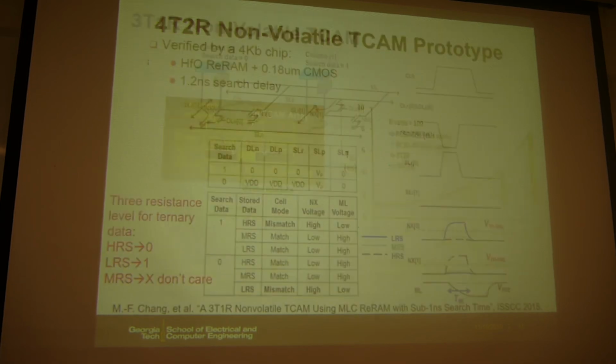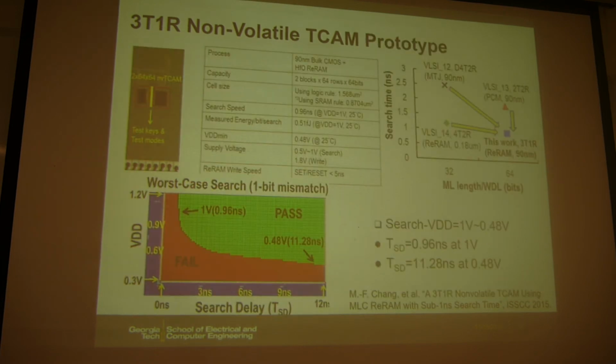Okay, so this is this design, and here are some measurement results. I will not go into the details. This is called the Shmoo plot, similar to the SRAM. You can vary the power supply and look at the delay change as a function of the power supply, the pass and the fail, and then you can draw the envelope of this pass and fail boundary.